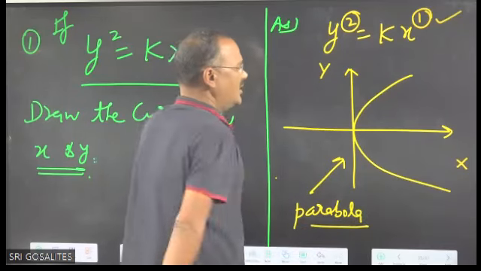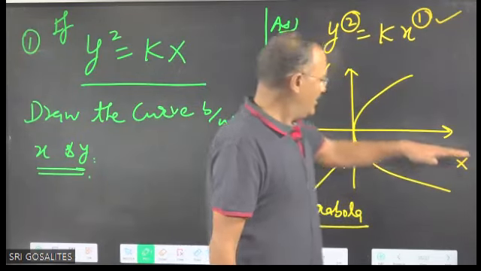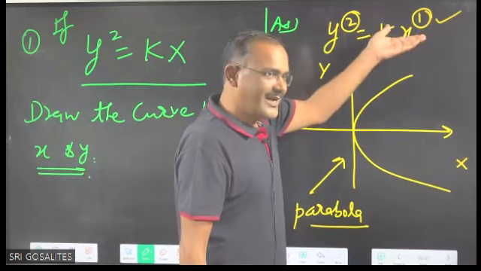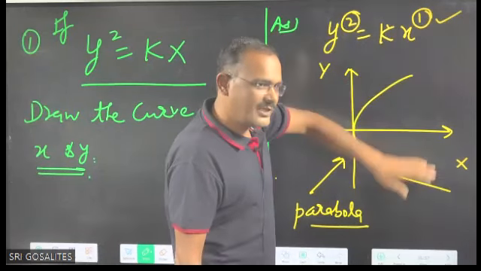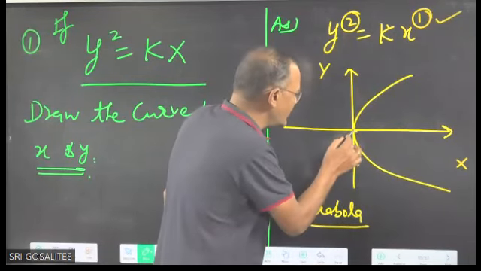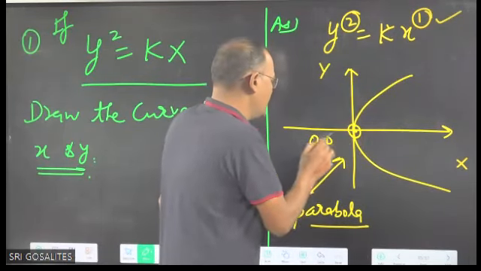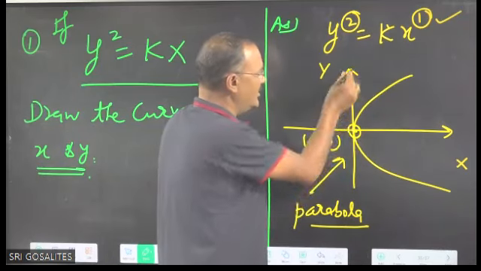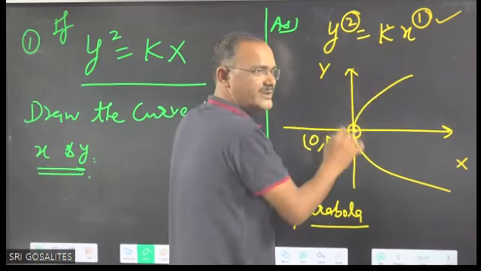So you can see symmetric means whatever the portion is above the x, its image is downside. Understand? So this is the parabola.